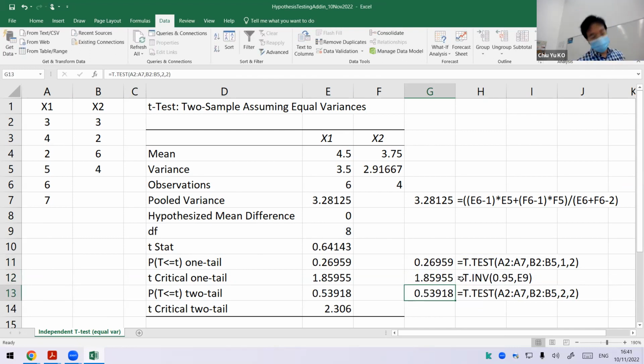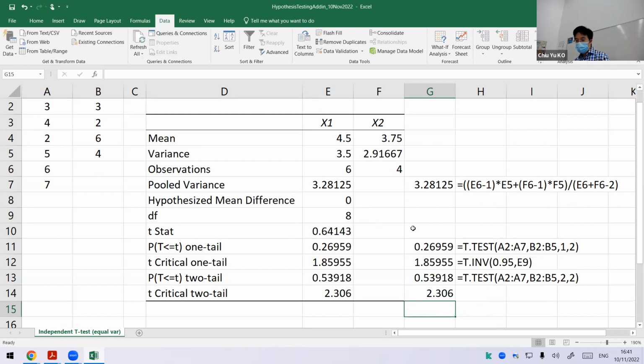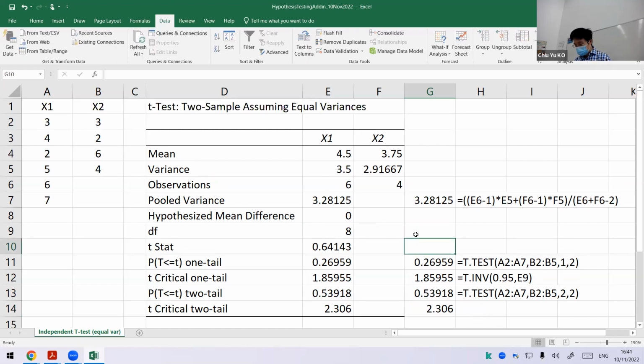The reason this is one tail, and you can also do the two tail. And maybe I put the T.STAT as well.